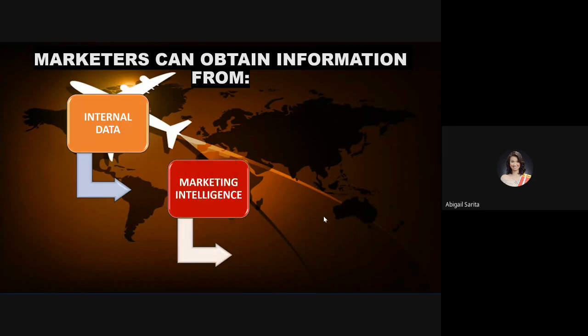Second is marketing intelligence. Third is marketing research. So class, these are the three things, or these are the three platforms or informations that you will use in order for you to get data, or in order for you to get informations from your clients. So now, let's discuss it one by one.